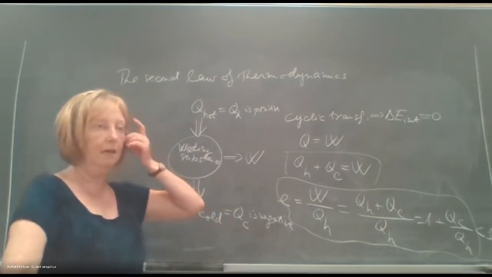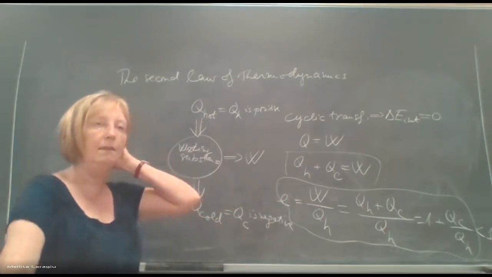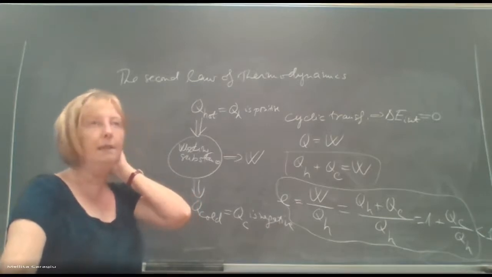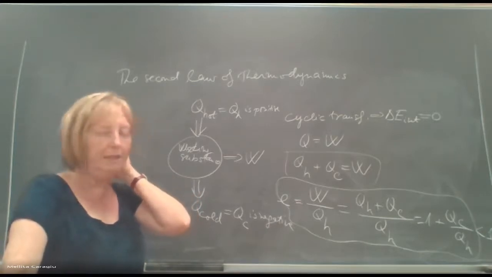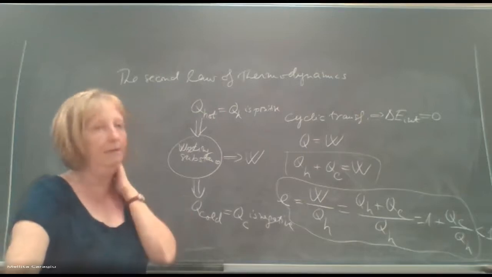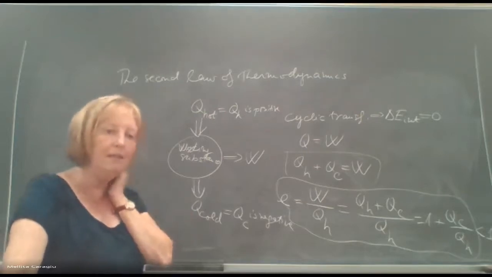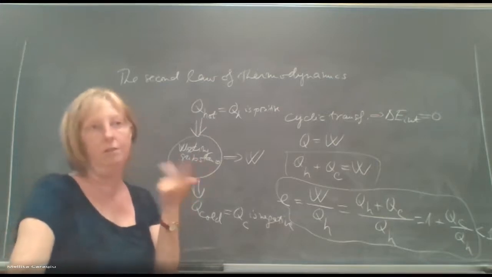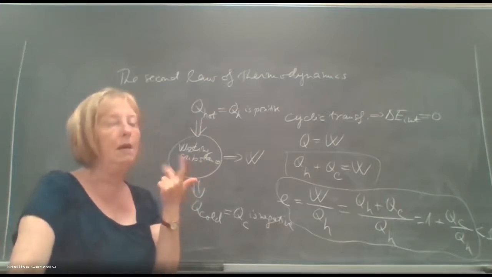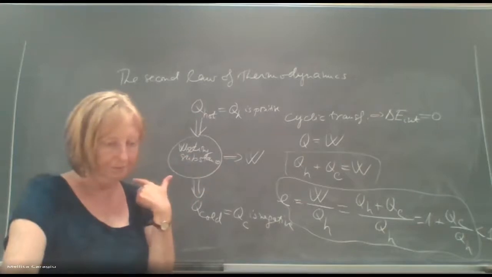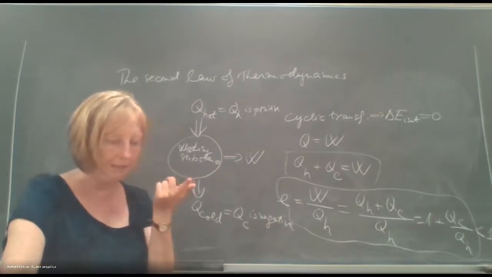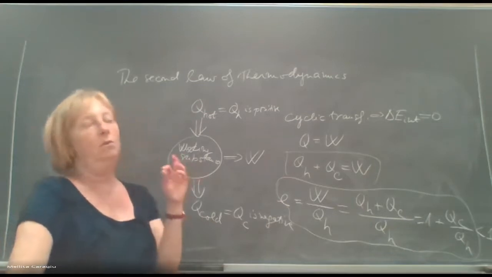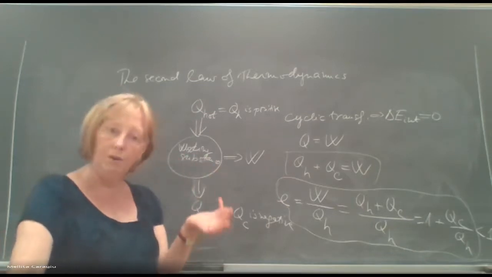There is an ideal cyclic transformation. This ideal cyclic transformation cannot be done in reality, but it was imagined by a French engineer whose name was Carnot. I can't remember his first name, whatever, Carnot. Therefore, that's known as the Carnot engine.